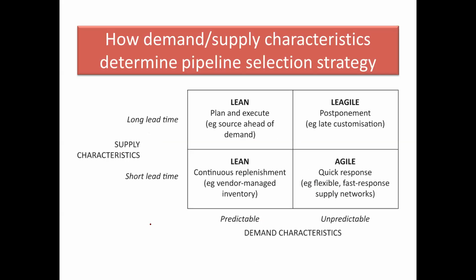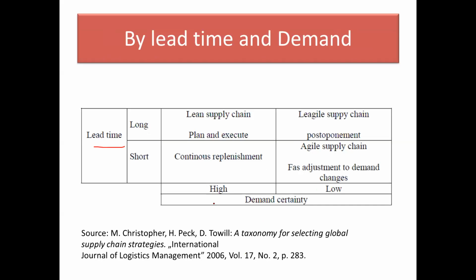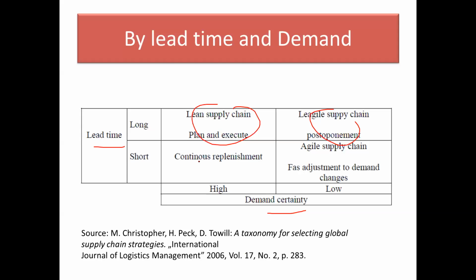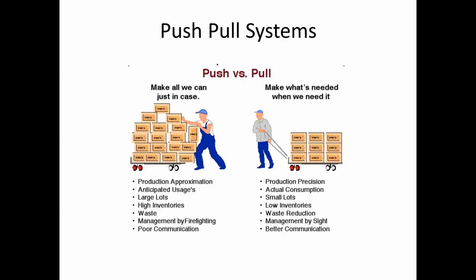Can you see that's supply versus demand? Another way to look at it is lead time versus demand. You end up with the same diagram, but you can have slightly different axes. Push-pull. Push is your MRP. Pull is your JIT or lean.